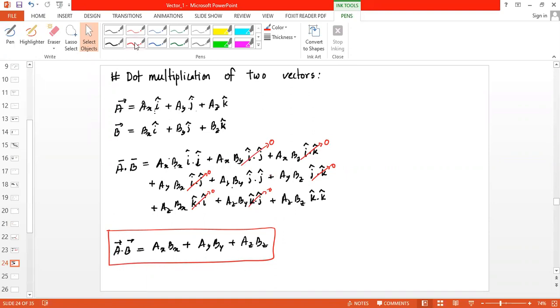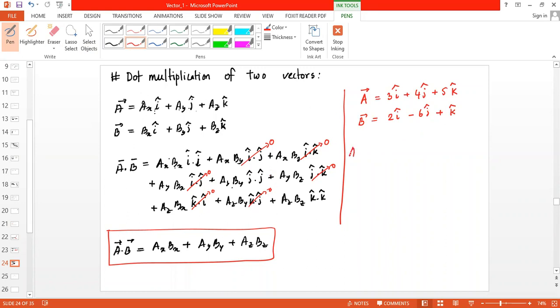For example, if I have two vectors like this, vector A is equal to 3i plus 4j plus 5k, and vector B is another vector that is 2i minus 6j plus k.